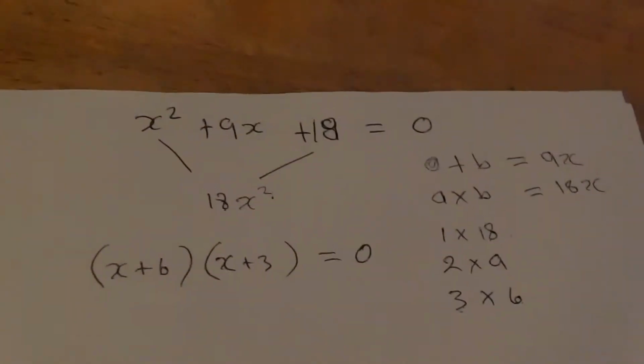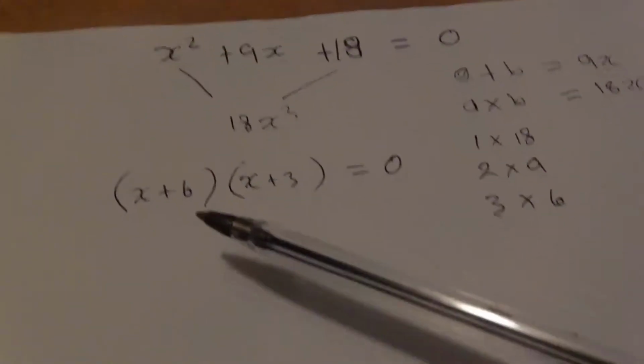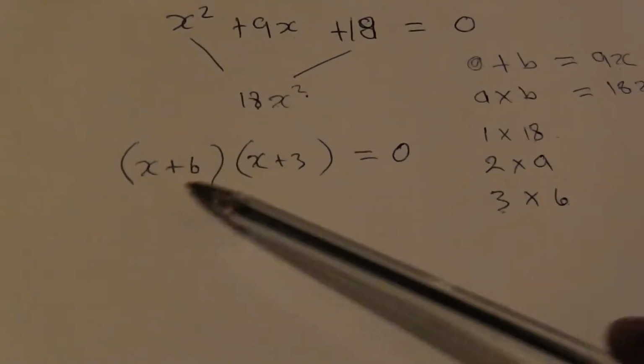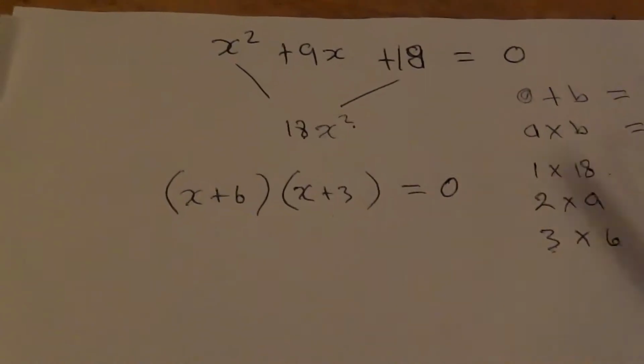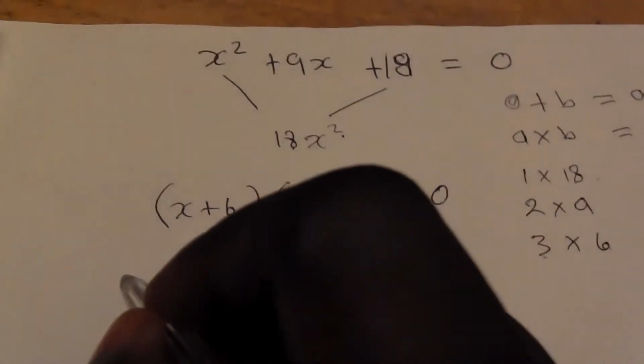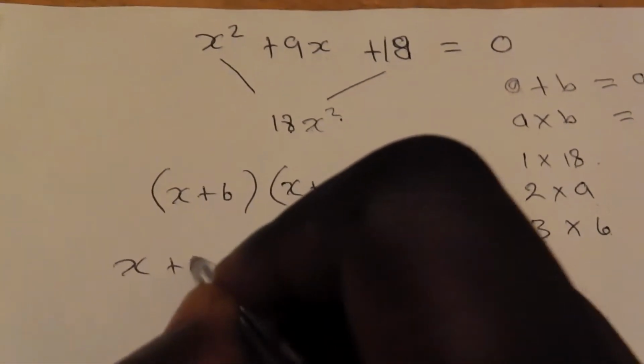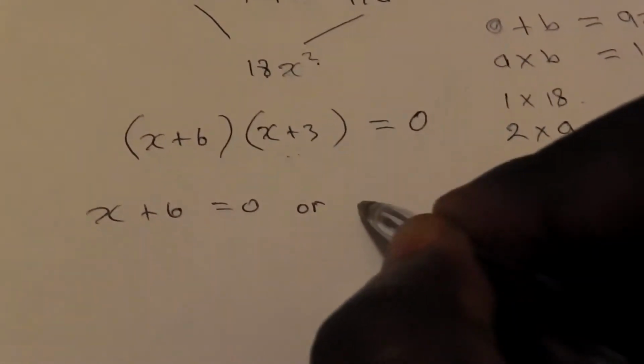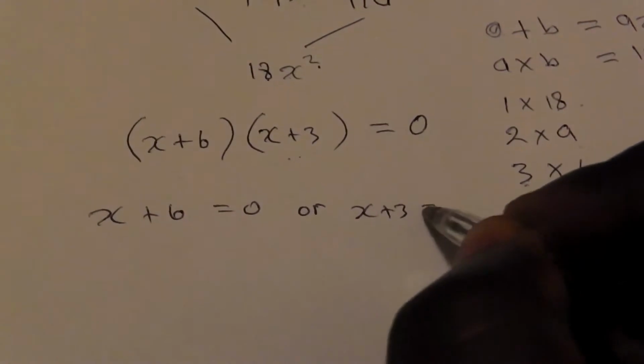Okay, and then to find the value of x, here we are multiplying two brackets to get 0. So either of these is equal to 0 or both of them are equal to 0. So we separate these two brackets to say x plus 6 is equal to 0, or x plus 3 is equal to 0.